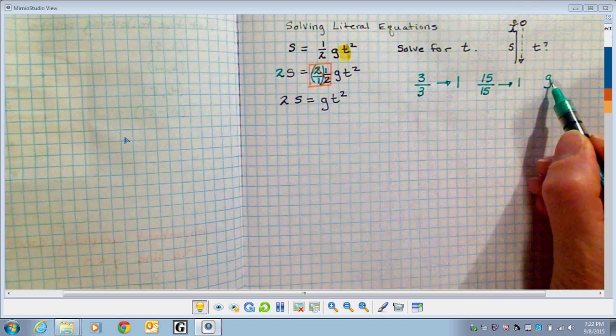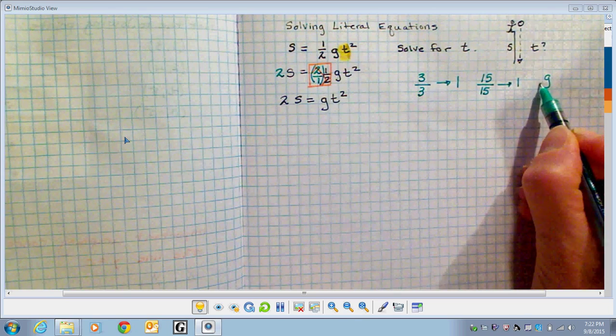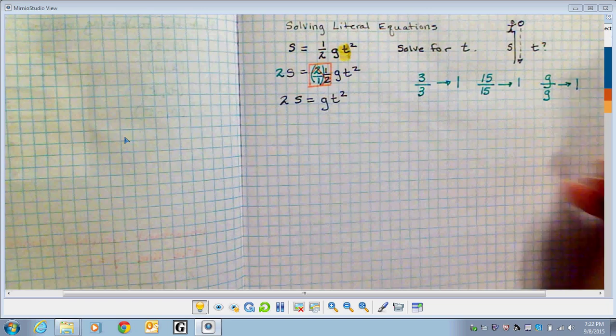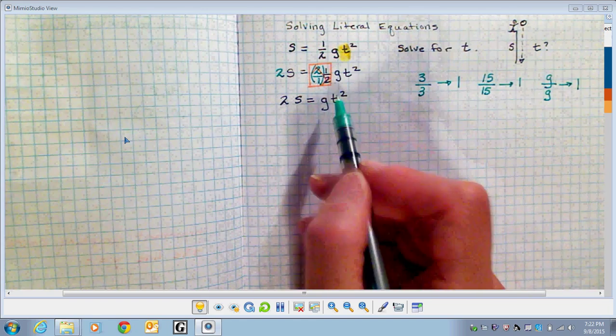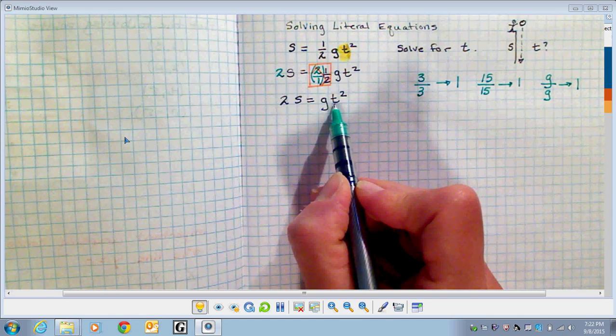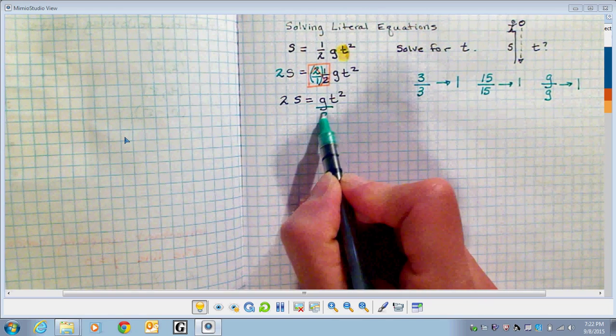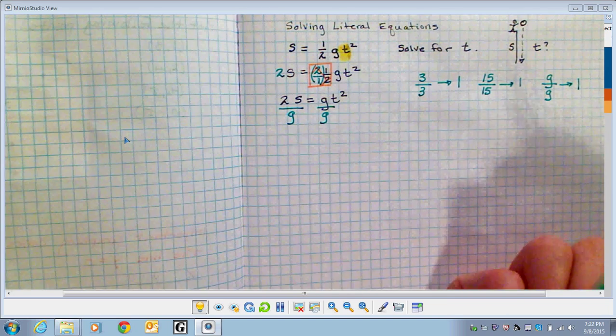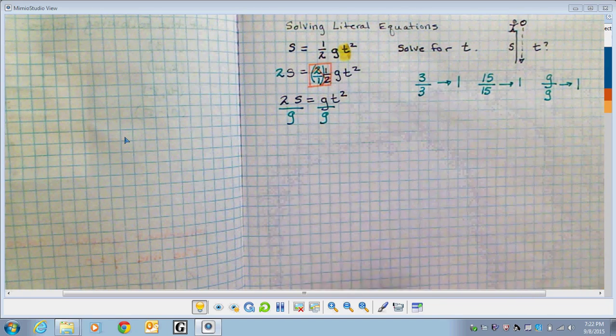If I want to turn that into 1, I would just divide it by itself. So that gives me 1. So that means if I want G to turn into a 1, because it's multiplying to T, that means I will divide both sides of my equation, all terms, by G.